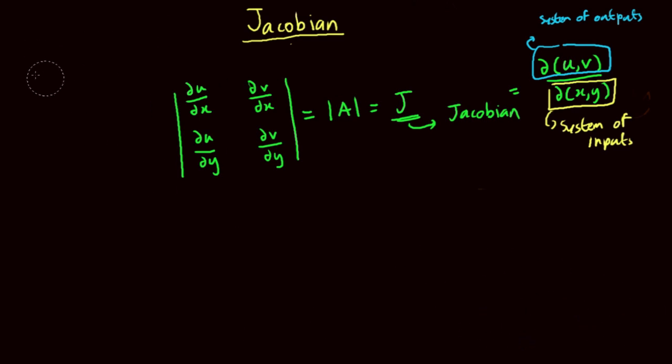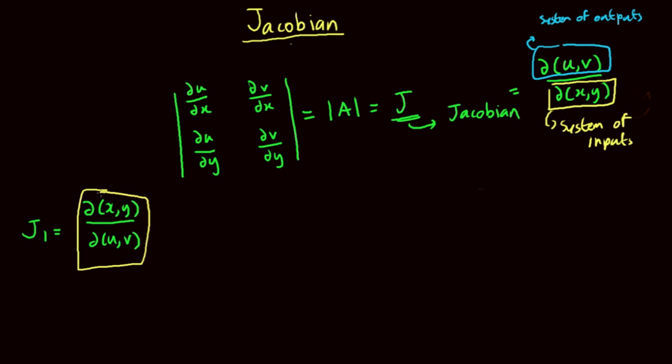Let me clarify a little bit what I mean by inverse here. J inverse is basically del (x, y) over del (u, v). What I mean by inverse transformation, and why they call it the inverse transformation, is that we have a function of x that can be represented in terms of u and v, and of course a function of y that can be represented in terms of u and v.